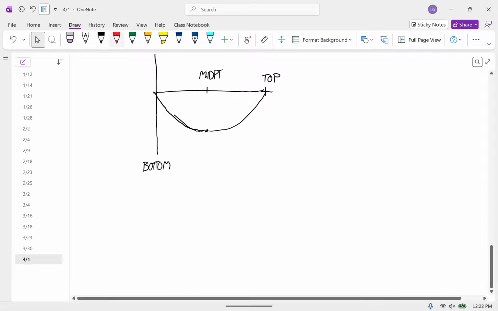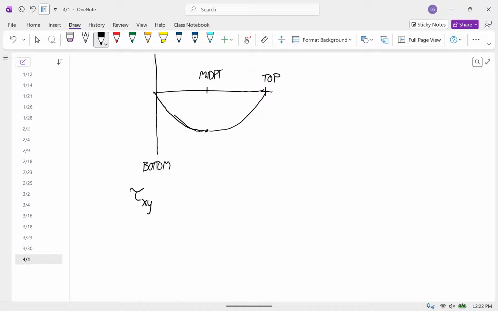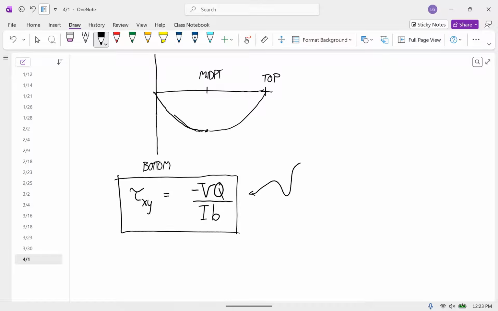And the formula is: tau xy due to shear force is equal to negative V, so the negative is that effect where a positive shear force corresponds to a negative shear stress, times Q, and that's something I'm going to have to tell you what it means, divided by the area moment of inertia I times b.